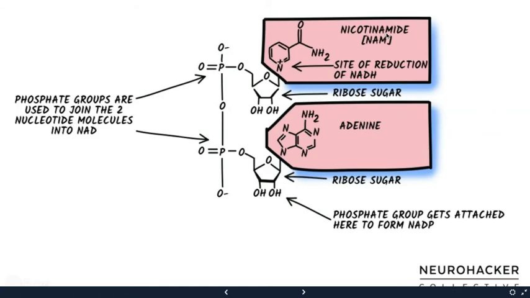Okay, so here's our nicotinamide. Here's our adenine, and it's a dinucleotide because we have two nucleotides stuck together. It is the nicotinamide portion of this that is going to be able to carry some electrons from one part of this process to another.